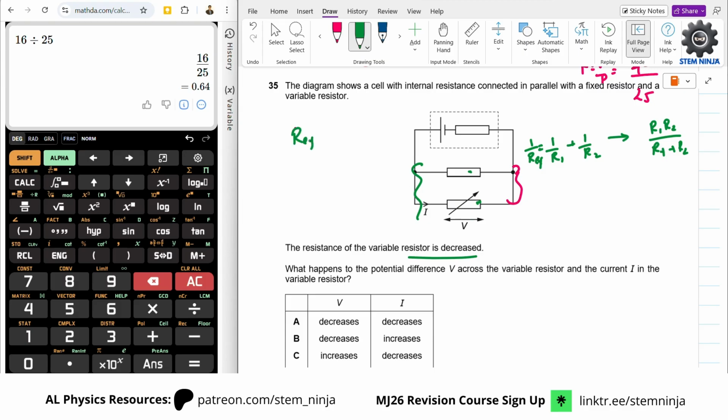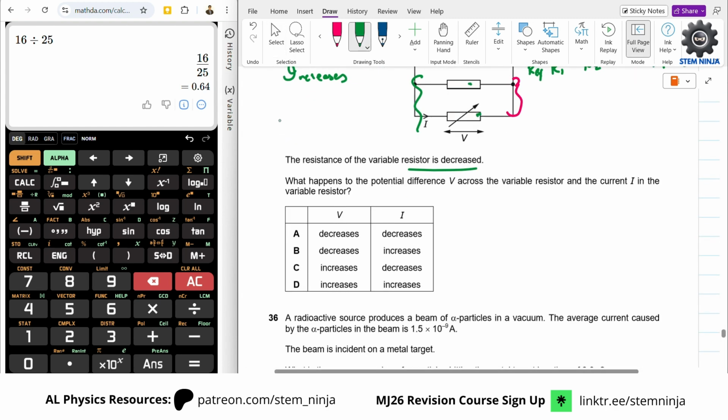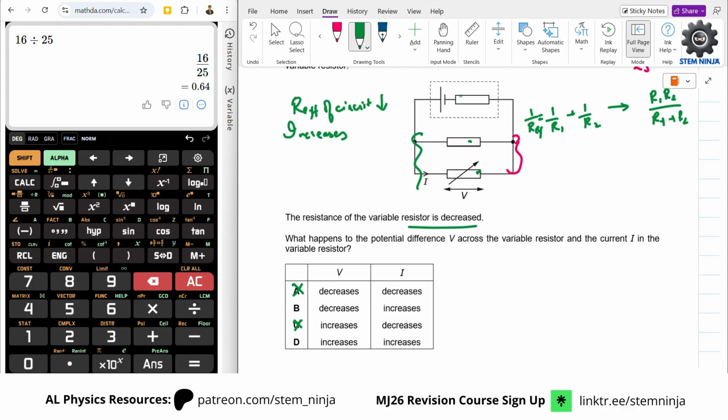If the combined resistance of the circuit decreases, then the current increases. So let's cancel out those where current decreases. Now we need to see whether B or D is the correct one.